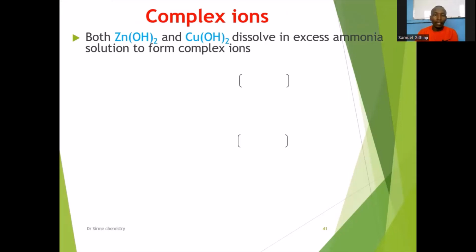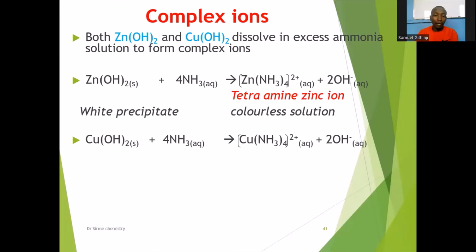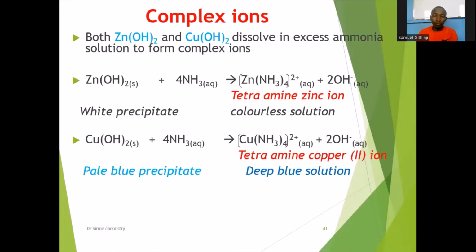Like you can see, the zinc hydroxide, the white precipitate, and copper 2 hydroxide, the pale blue precipitate, will dissolve in aqueous ammonia. With zinc, you can see the complex tetraamine zinc ion, with a charge of positive 2. With copper 2 hydroxide, the pale blue precipitate dissolves in excess aqueous ammonia.